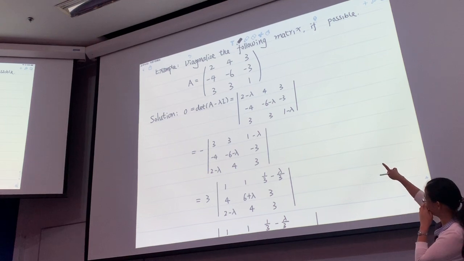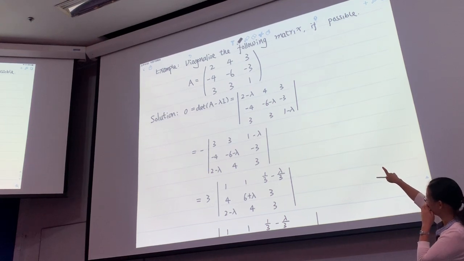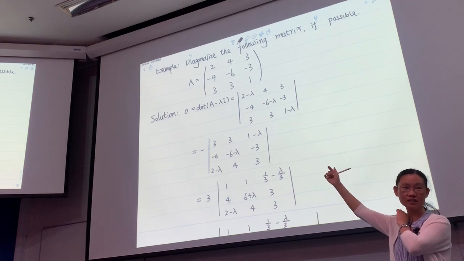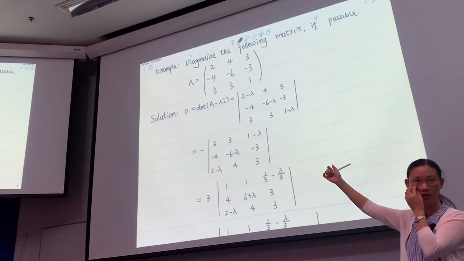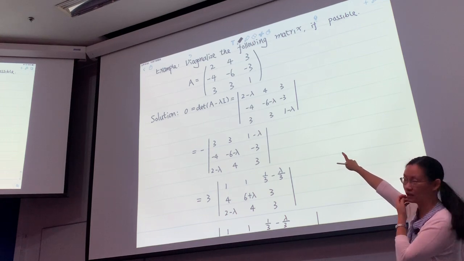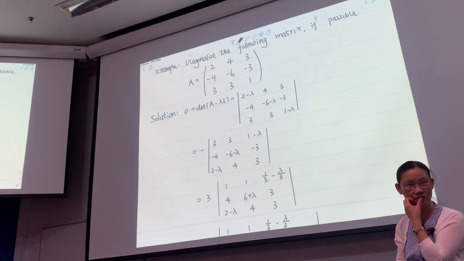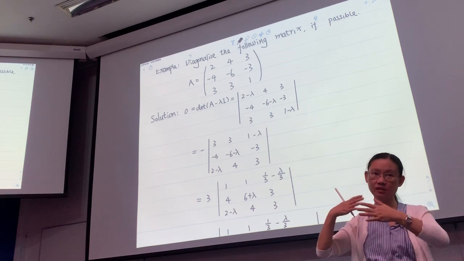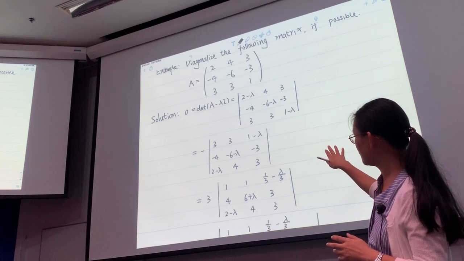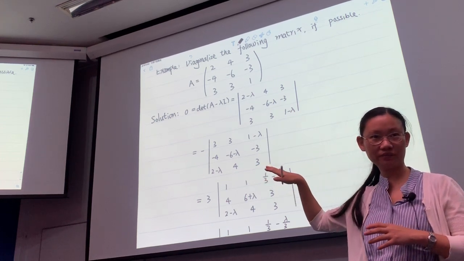Look at the first two entries, 3 and -3. If you add them together, it's 0 again, right? And then you also get -2 minus lambda, -2 minus lambda. Do you see? So we can use the same way we did earlier. But here, in this example, I use the general way.